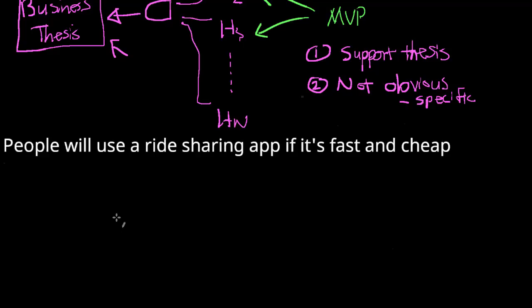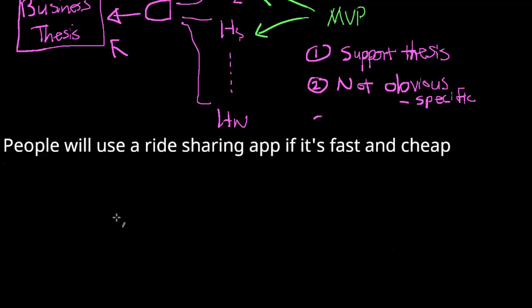There's no reason to waste your time testing that. However, the main reason that it's not obvious enough is because it's not specific and quantifiable. So if you were to say, people will adopt this new widget if the battery life is long, at least this many hours, then that would be specific enough that it no longer fails the not obvious test.